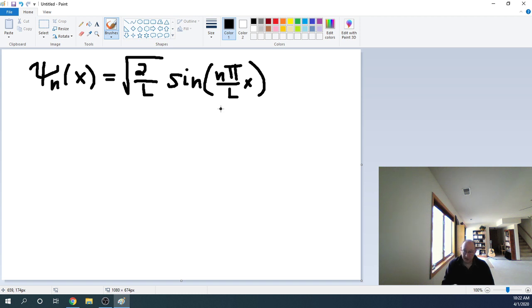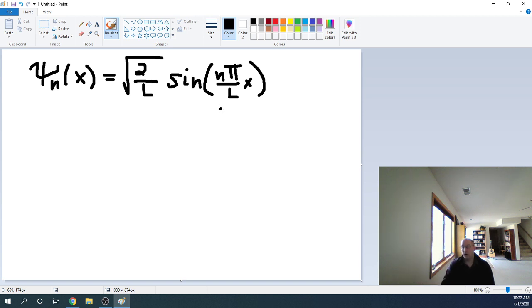So the lowest energy state happens for n equals 1. The first excited state, as we call it, is n equals 2. That's when the particle's wave function, whatever that means, has 2 bumps in it. It's got a peak and then a valley and then reaches 0 at the ends. And then same thing for 3. But they all have different energies. So there's a wave function associated with each individual energy.